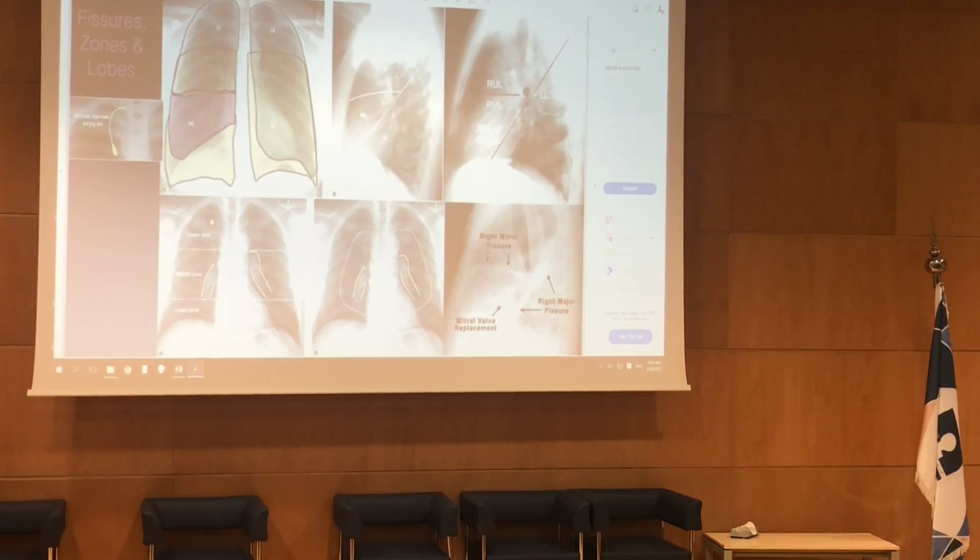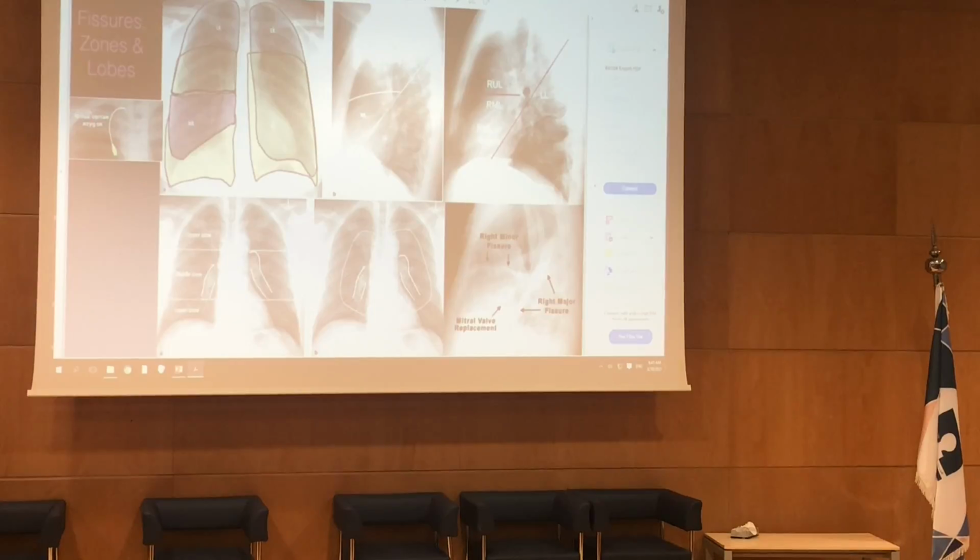And then there is the upper zone, middle zone, lower zone. So if you see something on the chest X-ray, you don't have to worry about naming it per lobe if you don't know. You can just say middle zone, or mass in the right upper zone of the lung, or in the left lower zone of the lung.